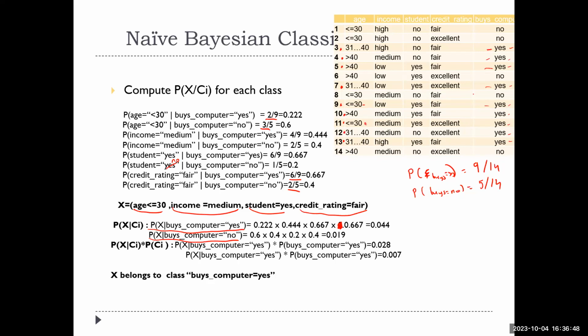I just do it this way so that the idea is clear, but whenever you build the model, it is actually the set of those probabilities that is done for all possible values that appear in the data set. So in the exam, I'm probably going to give you an X, and you're just going to focus on some of the X, so you don't have to do all of them.